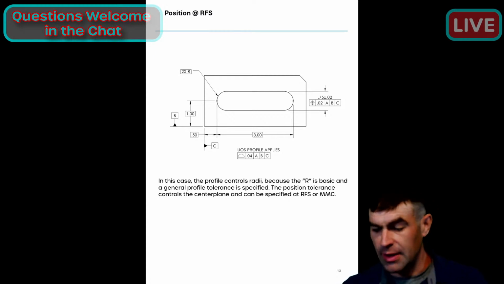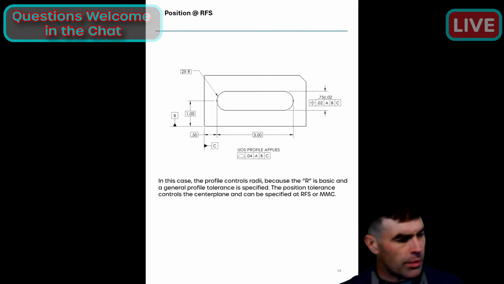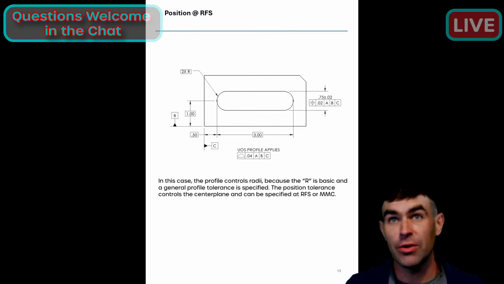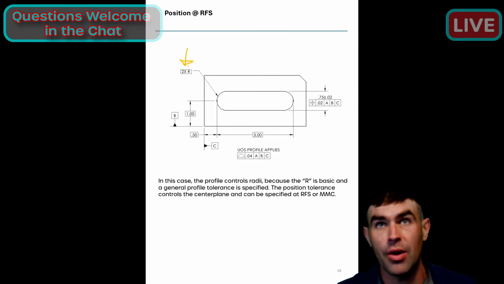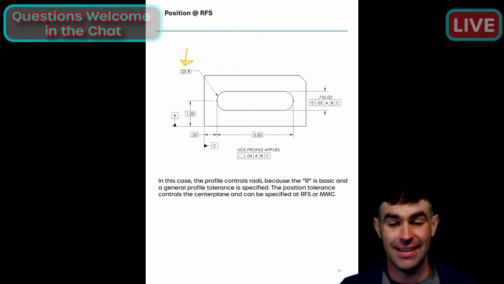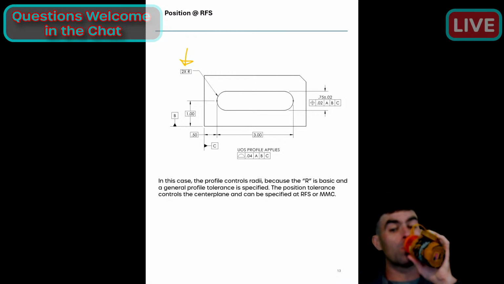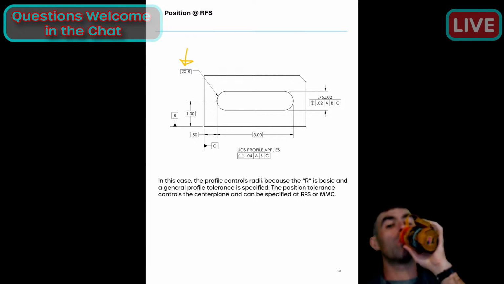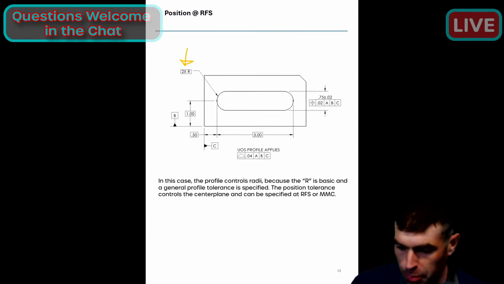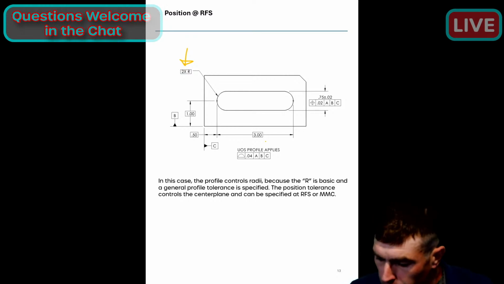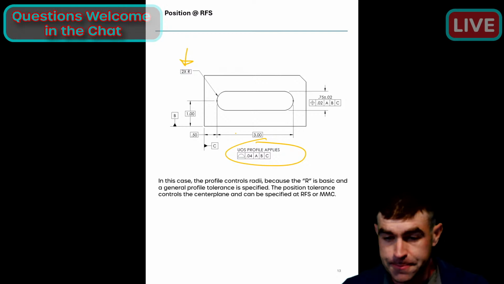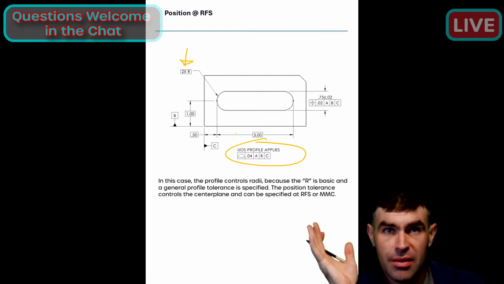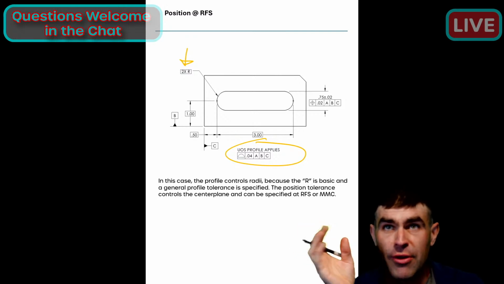So next up, we've got position at regardless of feature size. The difference, and this is subtle, is that now our R, or full radius, is basic. And like most drawings on the planet, there's going to be this, unless otherwise specified, profile.